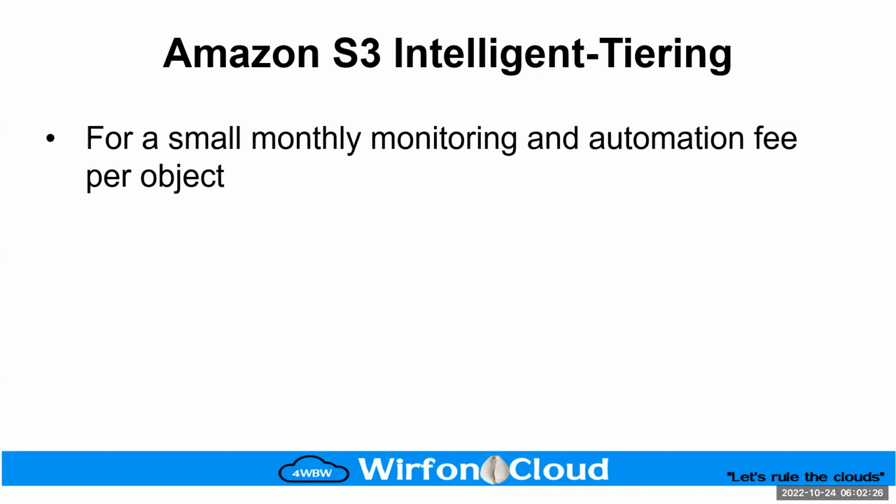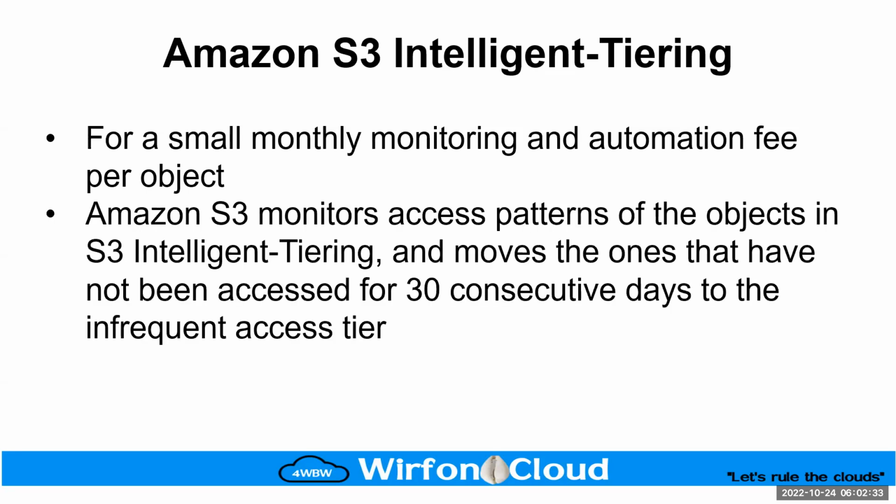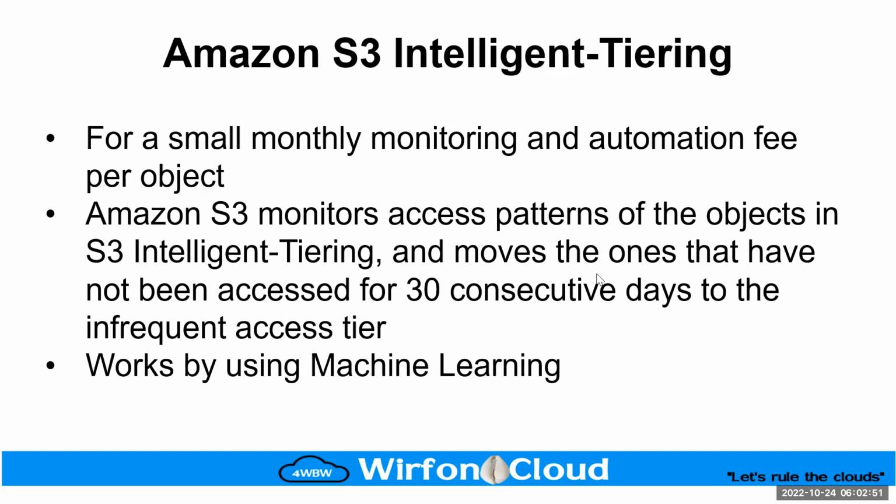There's a monthly monitoring and automation fee per object that you have to pay when using Intelligent-Tiering. S3 monitors the access patterns of the objects and moves the ones that have not been accessed for 30 consecutive days to an infrequent access tier. Machine learning is what is being used by Intelligent-Tiering behind the scenes.